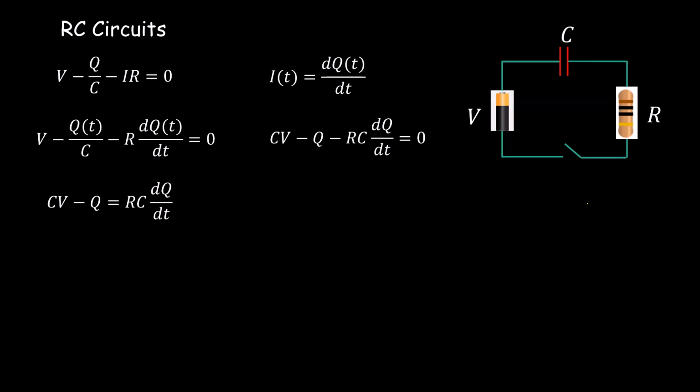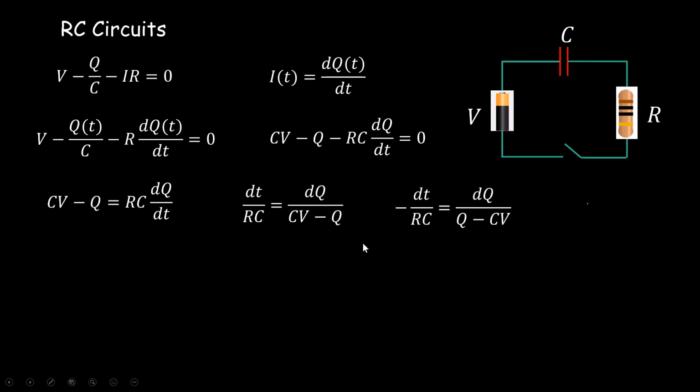You need to separate the variable t and variable Q. So in order to do that, I write it this way. dt over RC, I put this side, CV minus Q, I put under dQ. So it becomes like this. And because this is Q, I want to take CV minus Q or negative of that as u. I can multiply by a negative sign, these two switch, and then this negative sign comes here, okay?